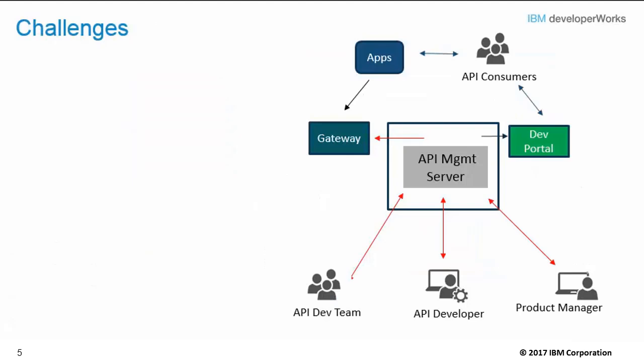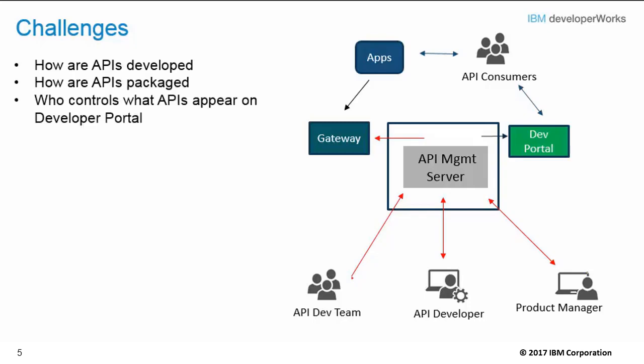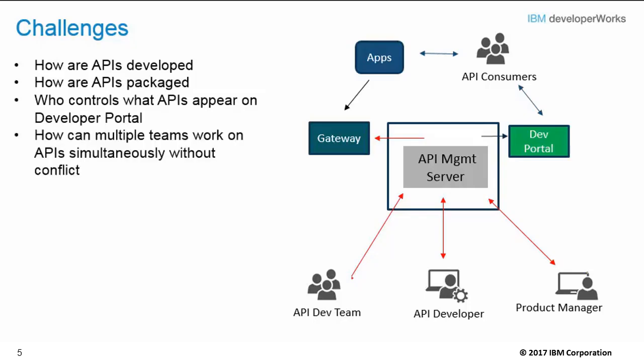The need to provide API products through different business units and using the API Connect topology raises a number of issues that many customers ask. For example, how are these APIs developed? How are they packaged? Who controls what APIs appear on the developer portal? How can multiple teams work on APIs simultaneously without conflict?